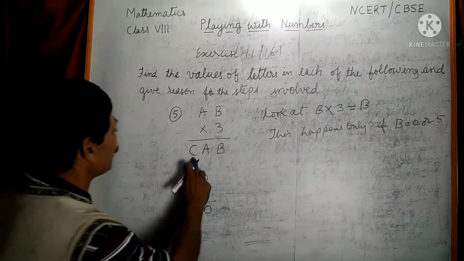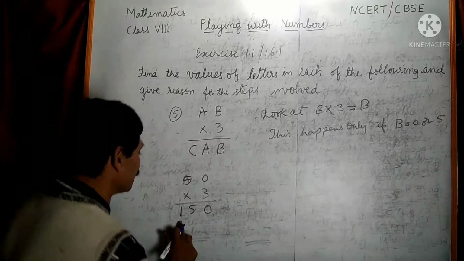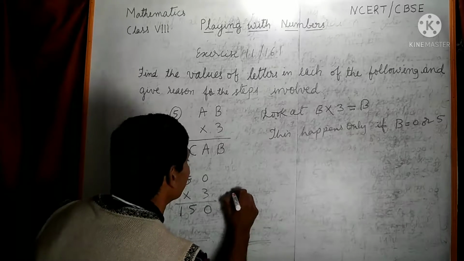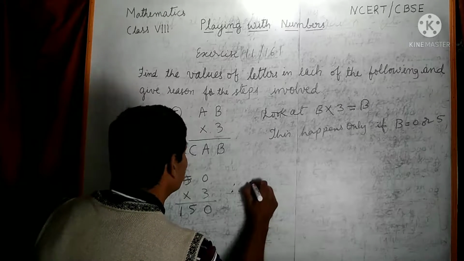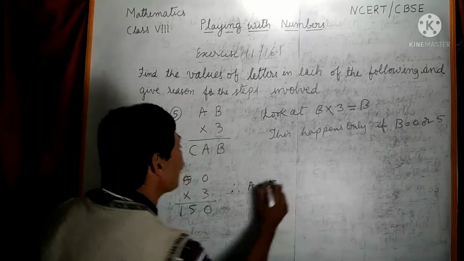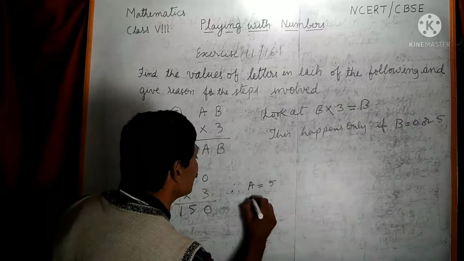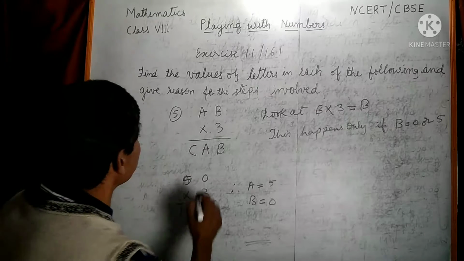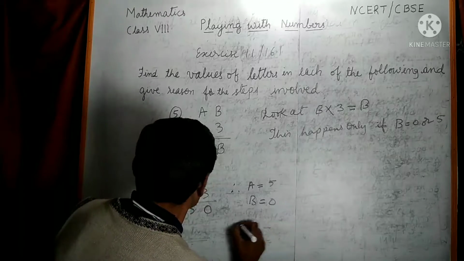So that we got here CAB is equal to 150. So that therefore A is equal to 5, B is equal to 0 and C is equal to 1.